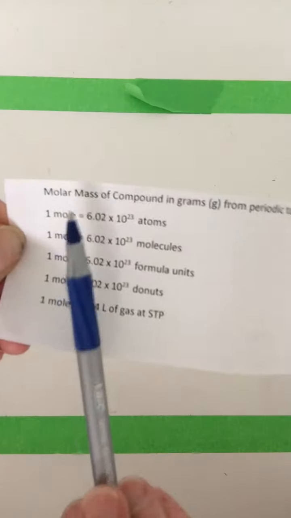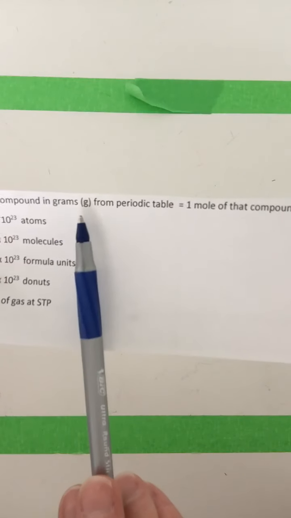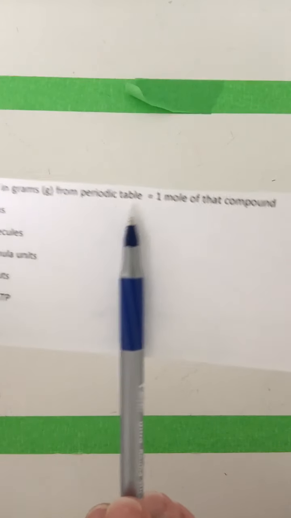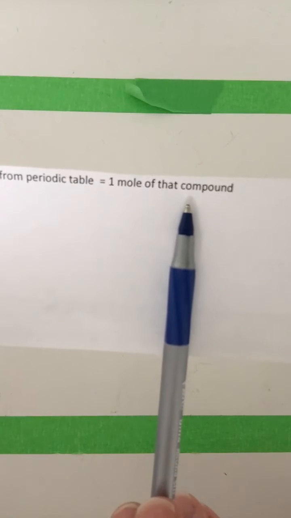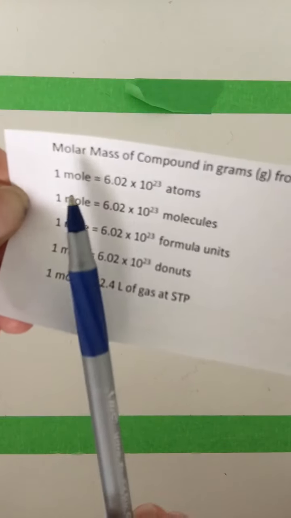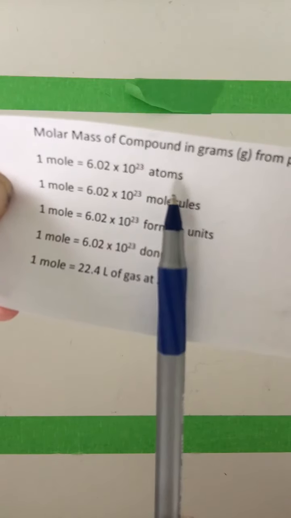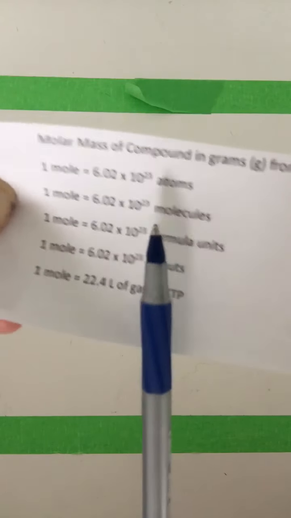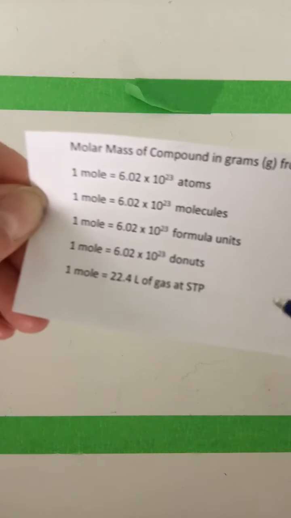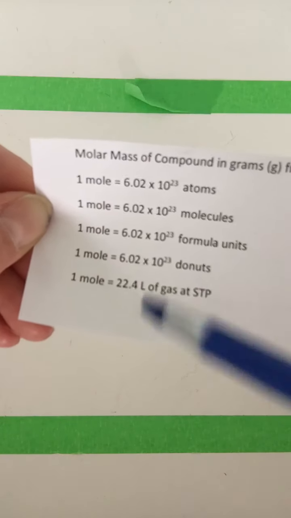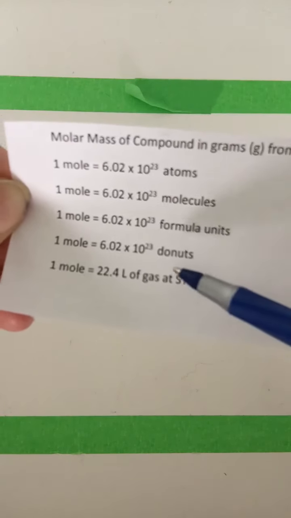This first line says molar mass of a compound in grams from the periodic table is equal to 1 mole of that compound. So we knew that one. That's how we find the molar mass. And then we have these ones. 1 mole is 6.02 times 10 to the 23 atoms. 1 mole is 6.02 times 10 to the 23 molecules. 1 mole is 6.02 times 10 to the 23 formula units. 1 mole is 6.02 times 10 to the 23 donuts.